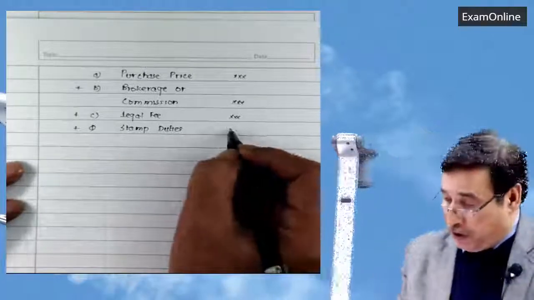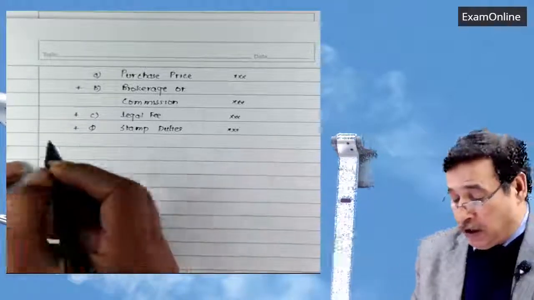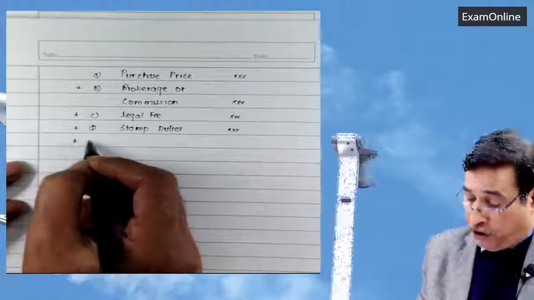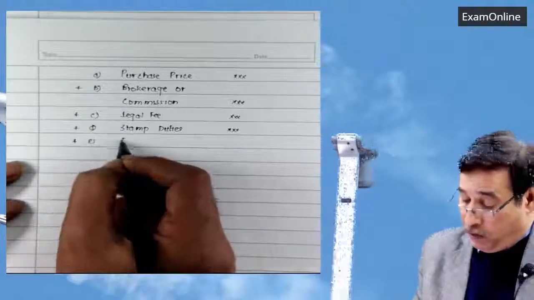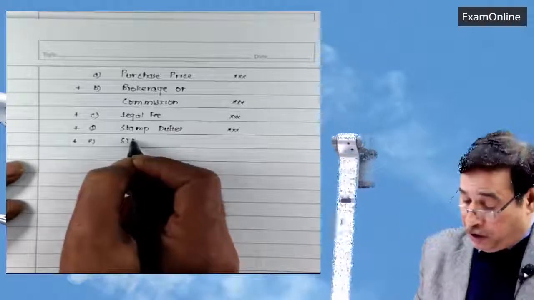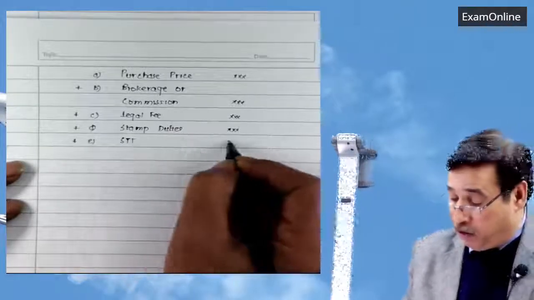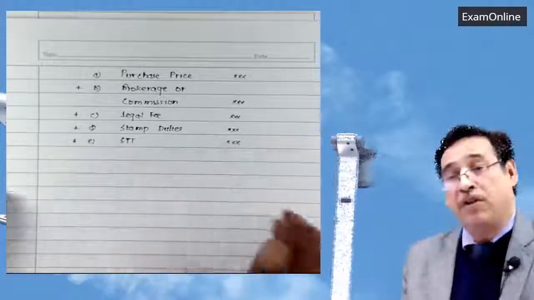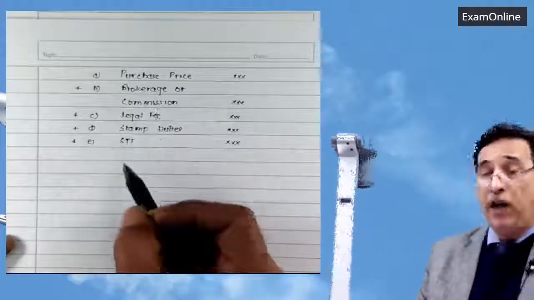Stamp duties, etc. And nowadays, as we know, there is short-term securities transaction tax also, isn't it? If you have paid any securities transaction tax also, then it will become a part of the cost.